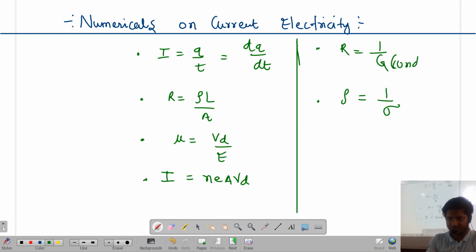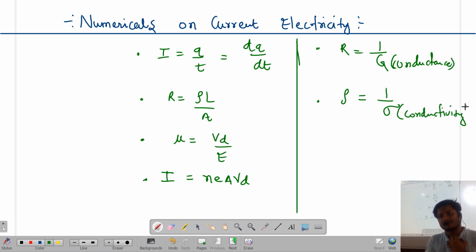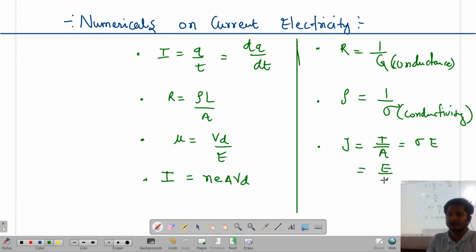Next, the last formula involving sigma: electric current density J is equal to I by A, but it was also equal to sigma E, conductivity into electric field E, or electric field by resistivity.